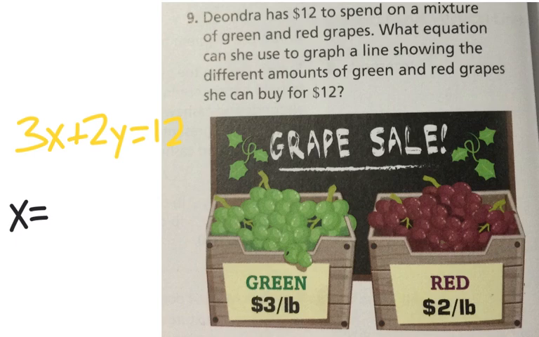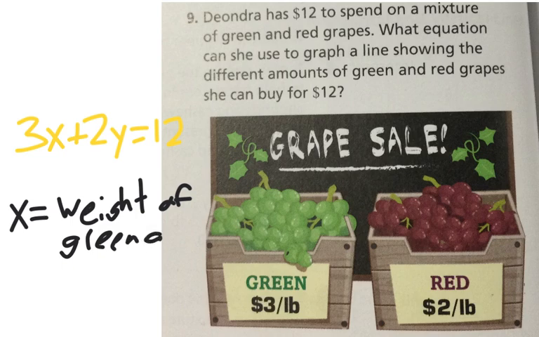X here represents the weight of green grapes that she buys. Or you could say the number of pounds of green grapes she buys. We know the cost per pound. So what I can do is take how much weight she has times the cost per pound, and this whole term is the total cost of the green grapes.